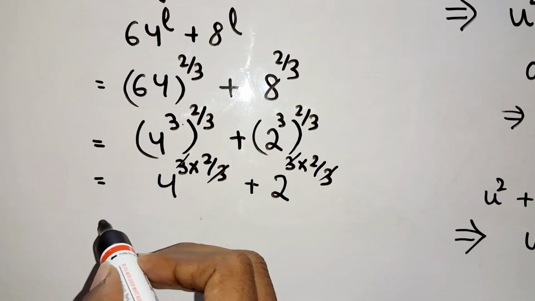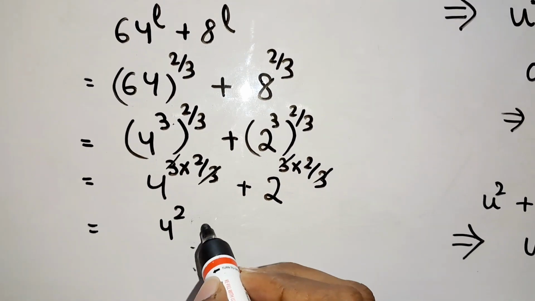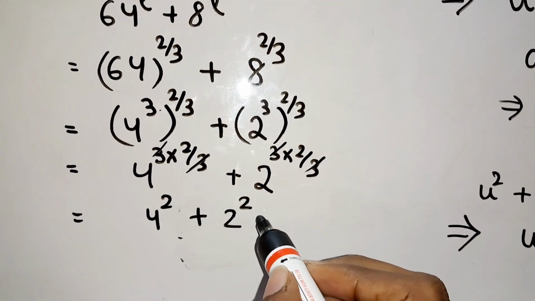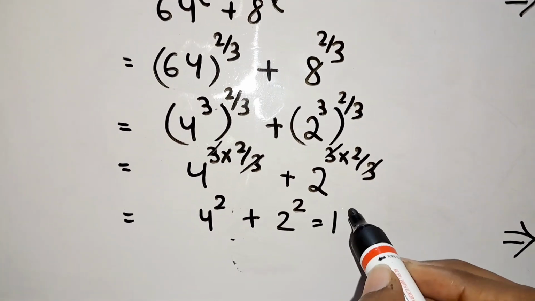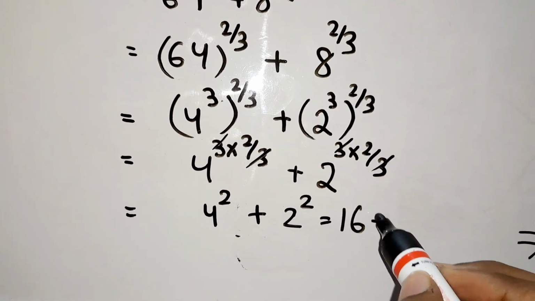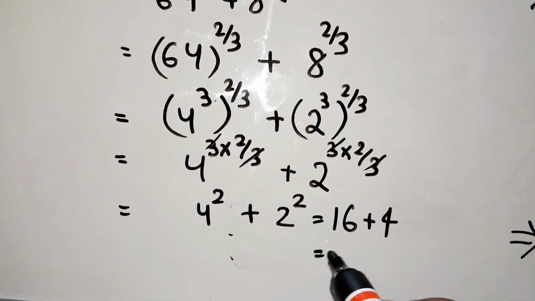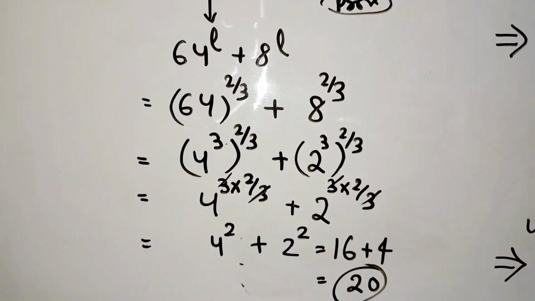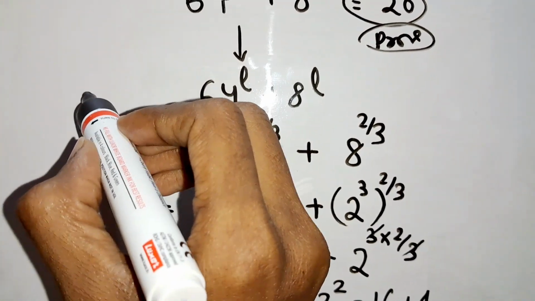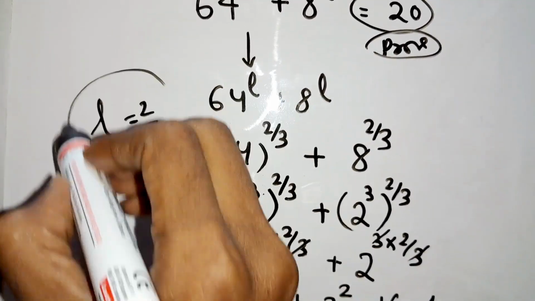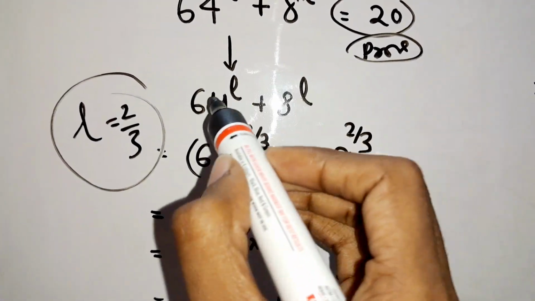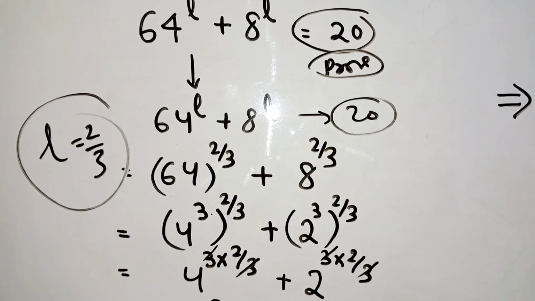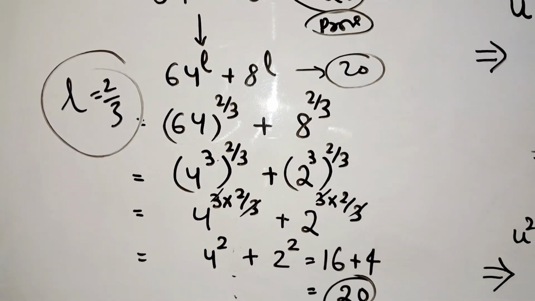So we get 4^2 + 2^2, which is 16 + 4, that is 20, which we had to prove. So L = 2/3 is the correct option, for which 64^L + 8^L is 20. Hence our answer is correct.